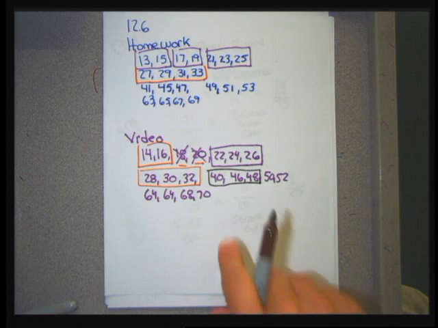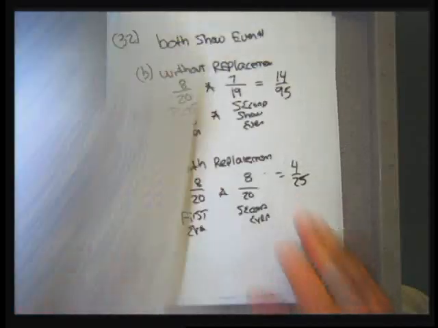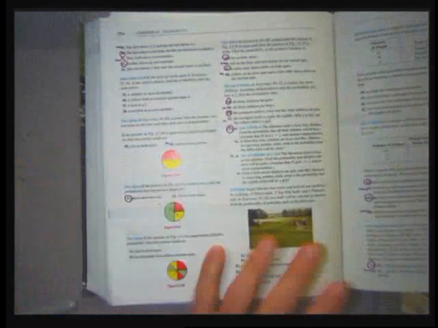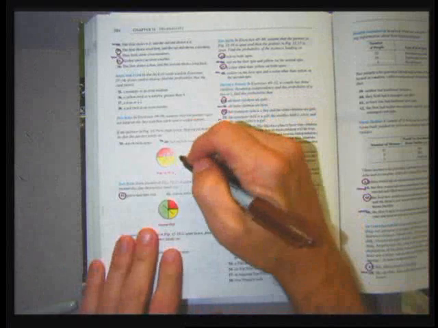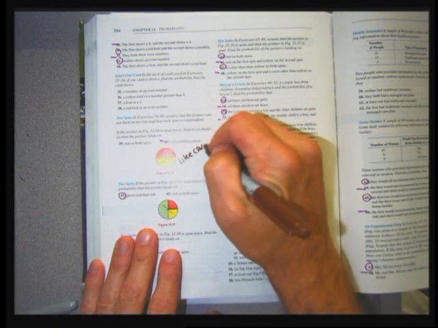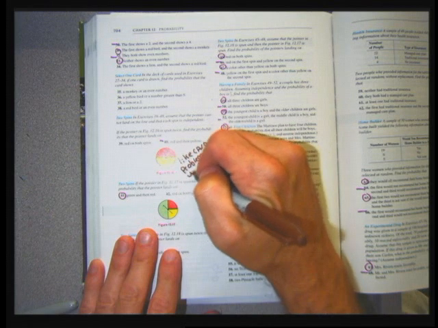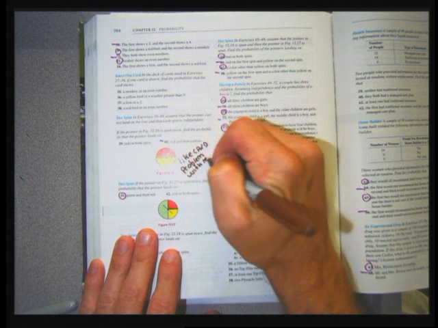So if I look at problem 40, and I want to compare it to a card problem, spinner problems are kind of like card problems with replacement. So problem 40 is like a card problem with replacement.